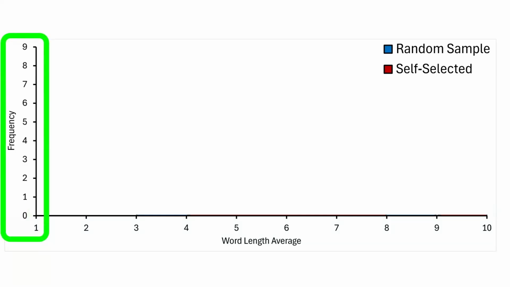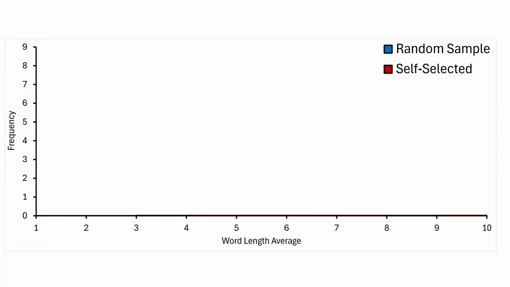So out of the, I believe, 12 responses that we had, how often was an average of 5 in the sample? How often did a sample give you an average of 6? How often did 7 occur? How often did 9 occur? The higher the line, the greater the frequency, and that's on that y-axis there.